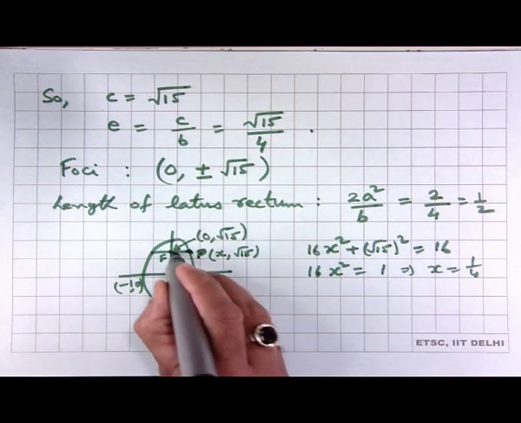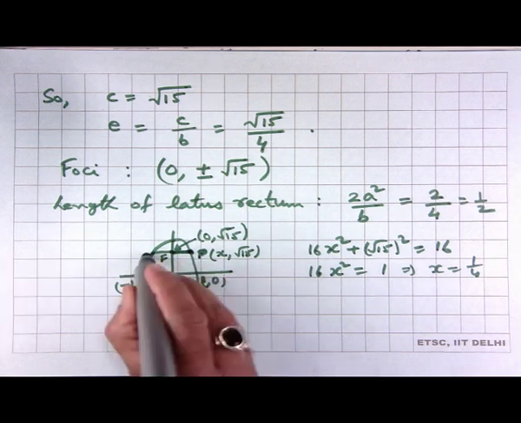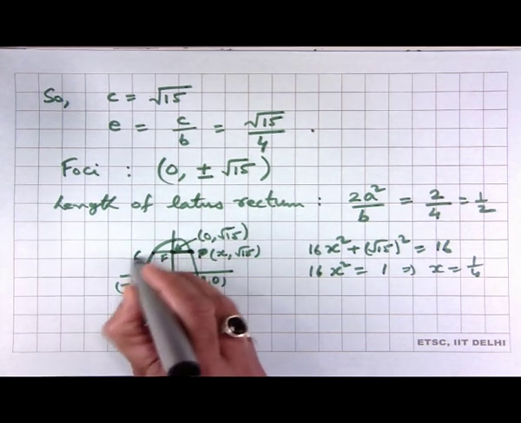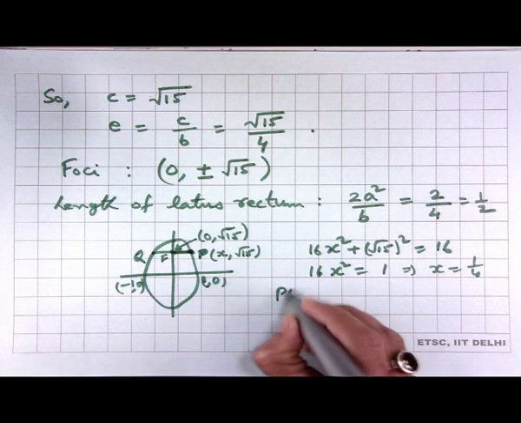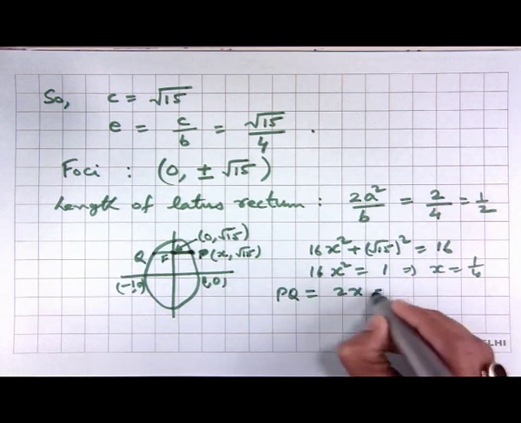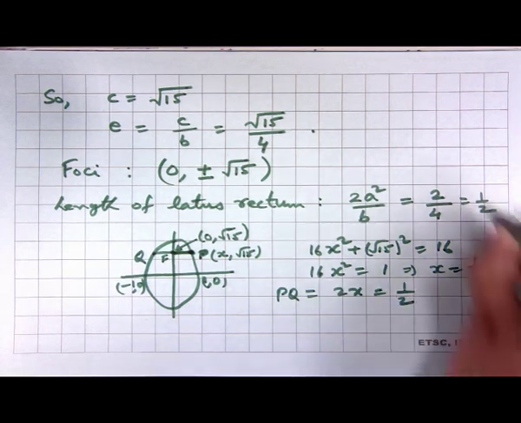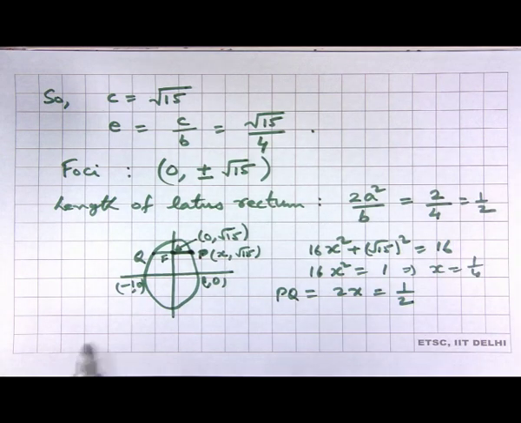So, this x is 1 by 4, length of the latus rectum will be this PQ, PQ is 2x, which is 1 by 2, which we can get directly using this formula also.